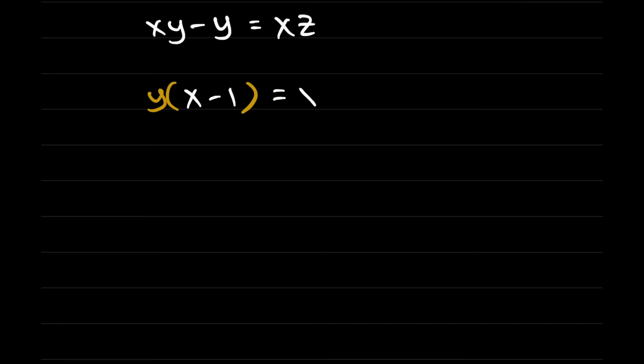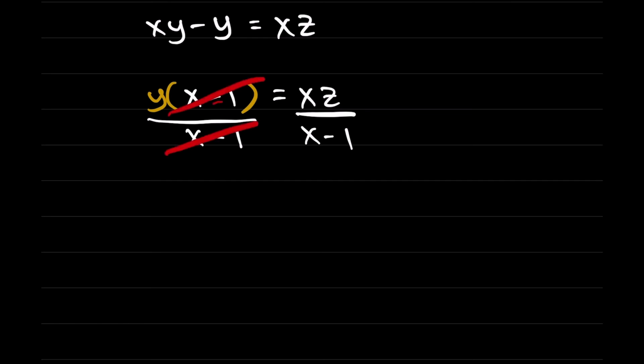So that's what we have on the left-hand side after factorization. On the right-hand side, we still have xz. The final step is that we want to isolate the y by itself, so we don't want this big bracket over here. Since the bracket is just multiplication, we can get rid of it using division. By dividing both sides by x minus 1, that leaves us with just the y on the left-hand side, since this and that cancel out.